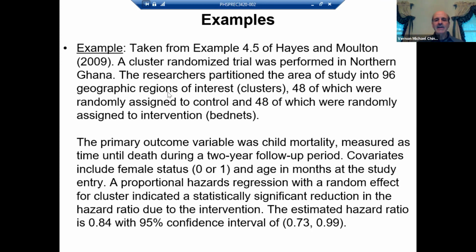The estimated hazard ratio that they reported was 0.84 with a 95% confidence interval from 0.73 to 0.99. So they had a statistically significant result in that the intervention of bed netting significantly reduced child mortality compared to the control.